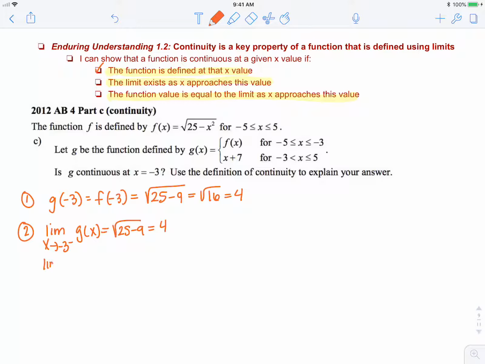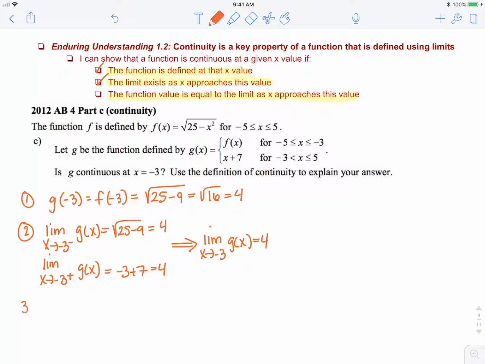Then we have to check the limit as x approaches negative 3 from the right of g of x, and that's going to be negative 3 plus 7, which is 4. So therefore, that implies that the limit as x approaches negative 3 of g of x is 4. So the limit exists. That's step 2.